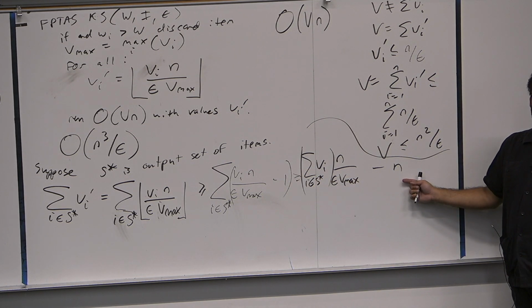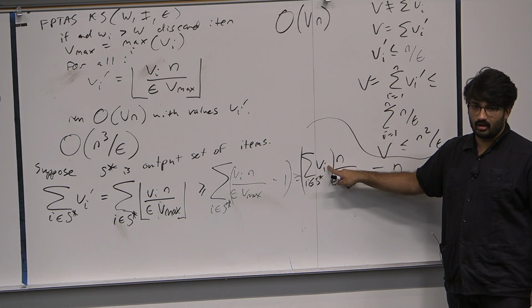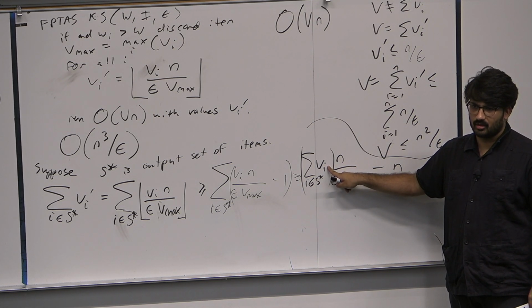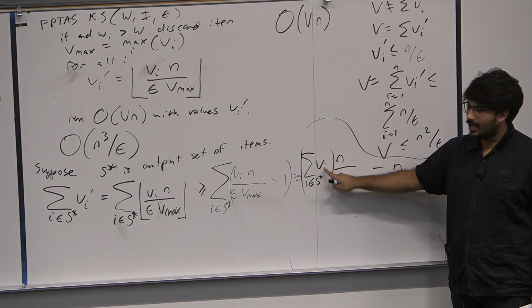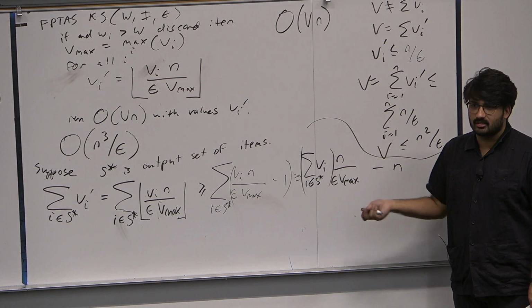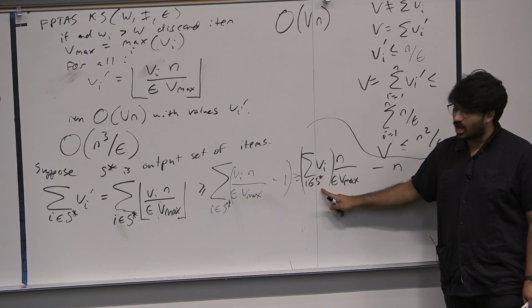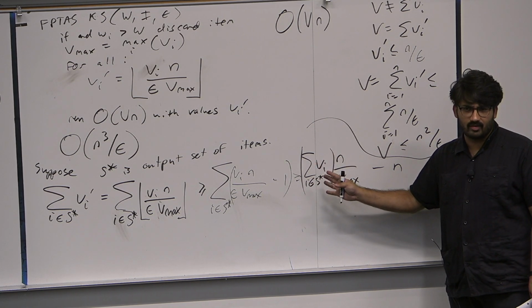First off, do we agree with this? Okay? What is the sum of i in S star of vi? Problem-wise, what is that supposed to be? S star is the optimal set of items. Vi is the values in the original problem. So if S star is the optimal set of items, and I'm asking you for the values in the optimal set of items, what should the sum of vi of S star be?